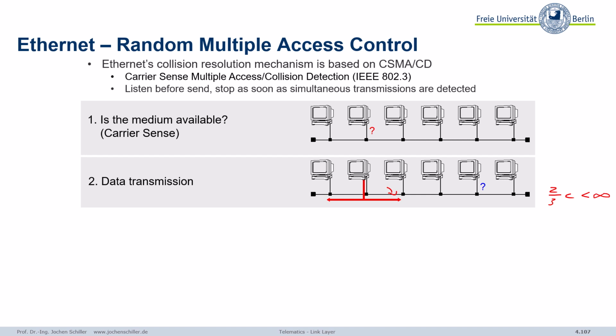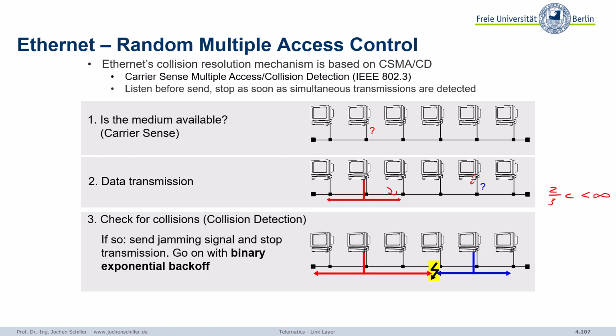It could be the case that although you already started with your sending process, another station thinks, why not also send something? So it could be the case that the other station also starts sending, and this creates a collision somewhere here, and then the collision propagates along this wire in both directions.